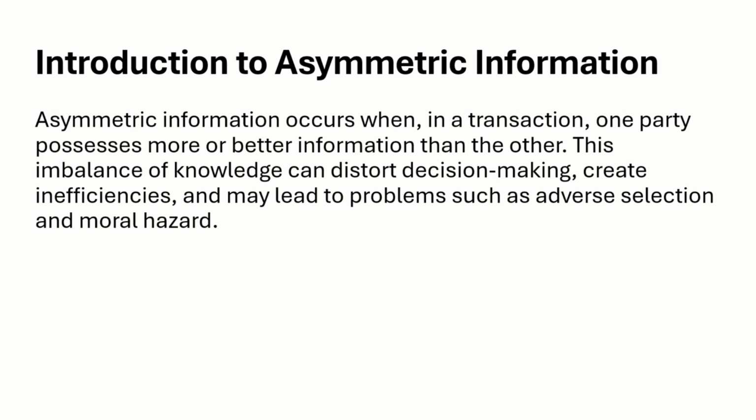One party has more information than the other, which is called asymmetric information. So in the academic concept, we can note that asymmetric information occurs when in a transaction one party possesses better information than the other. This imbalance of knowledge can distort decision making. That is the important thing.